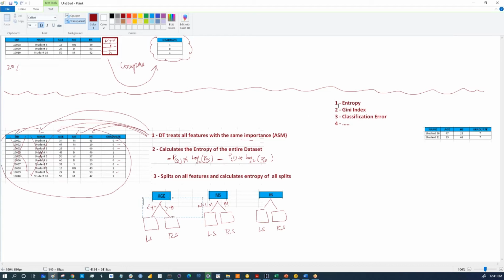If you want the decision tree to use the entropy, this is what is happening behind the scene. If you want to use the Gini index, there is a different calculation. If you want it to use classification error, another method, totally different calculation. So now I'm doing this with the assumption that you are telling it to use the entropy.